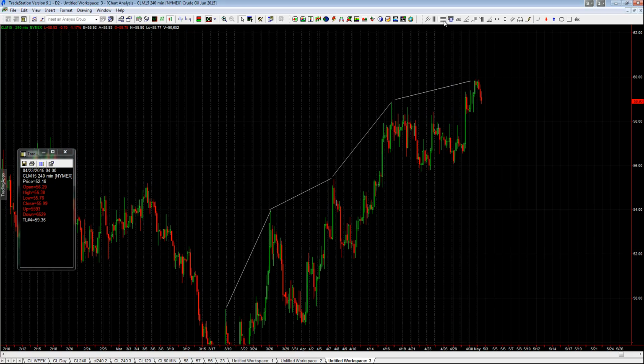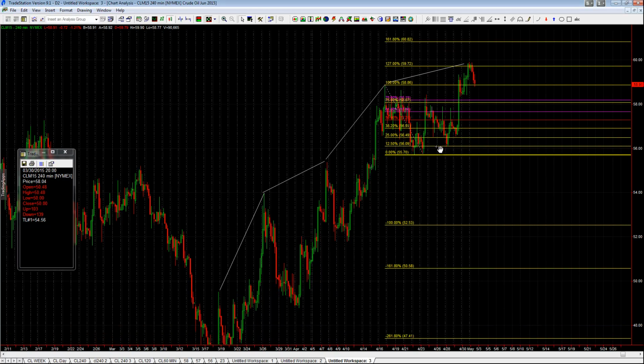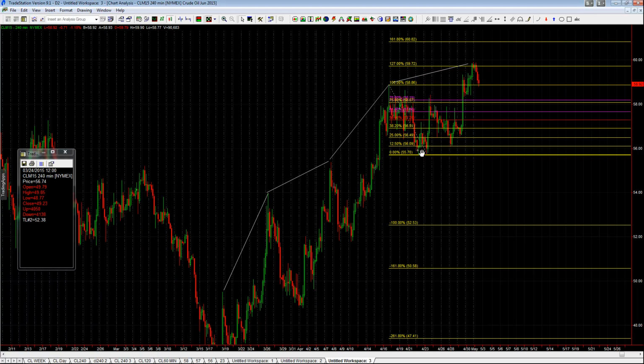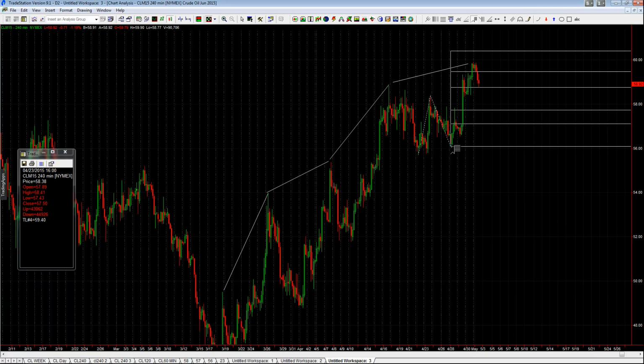Now, additionally, as is often the case at tops or interim tops, I'm not saying that we're going to pull back all the way down, but we have a butterfly pattern. Once again, we have a 127 extension from this high, from the pullback to here, and we have a measured move ABCD pattern creating the butterfly 127.